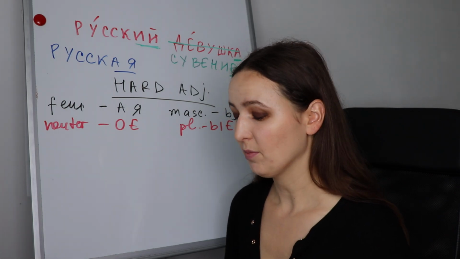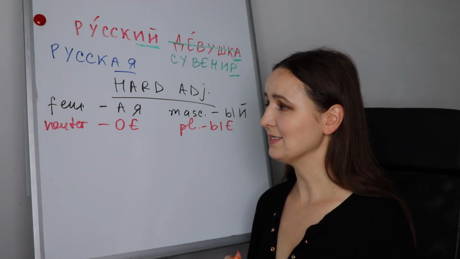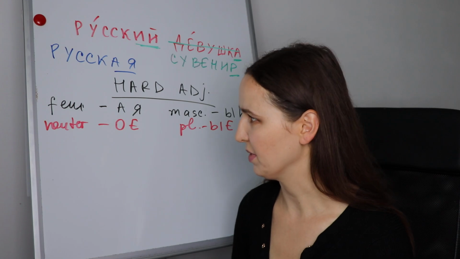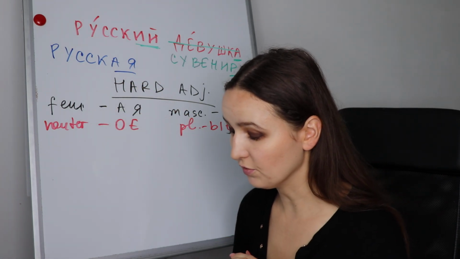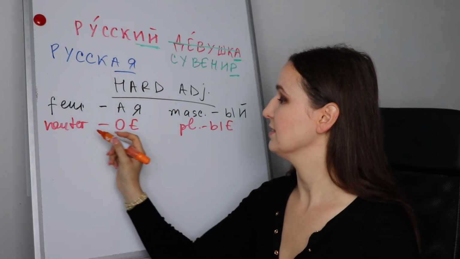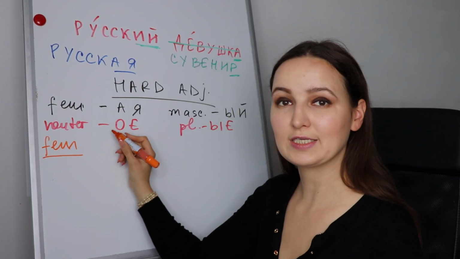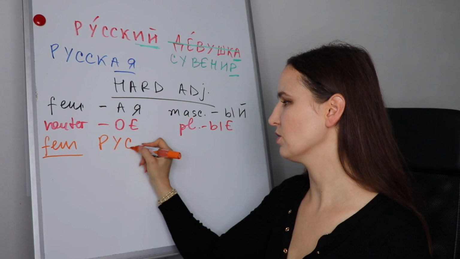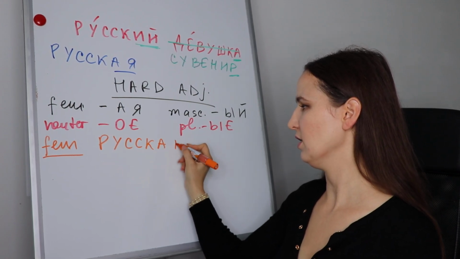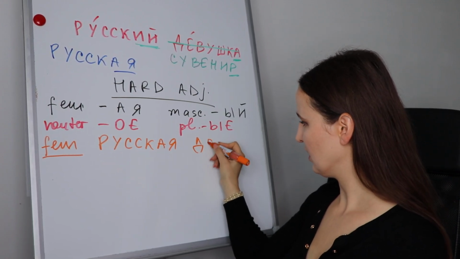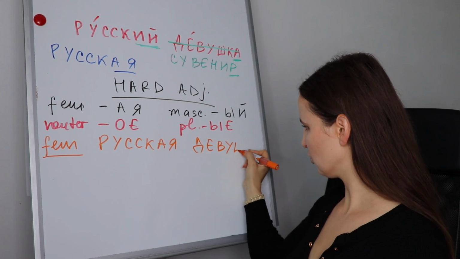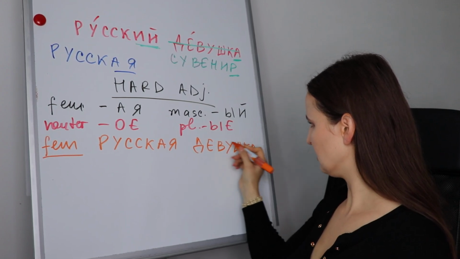And let's come up with examples. For example, let's start with feminine. Русская девушка. Девушка.